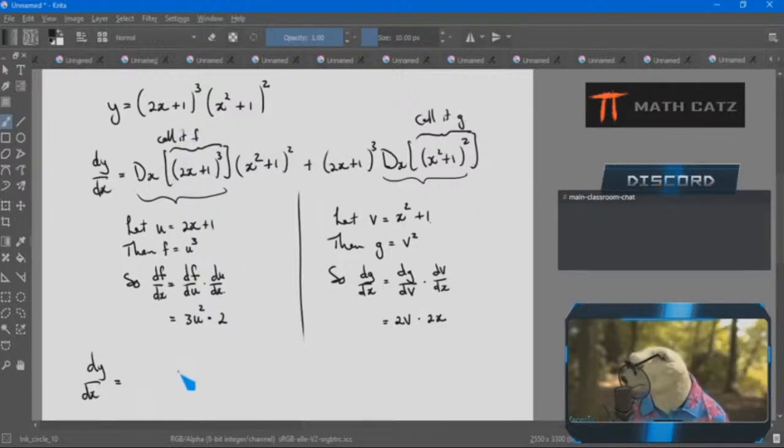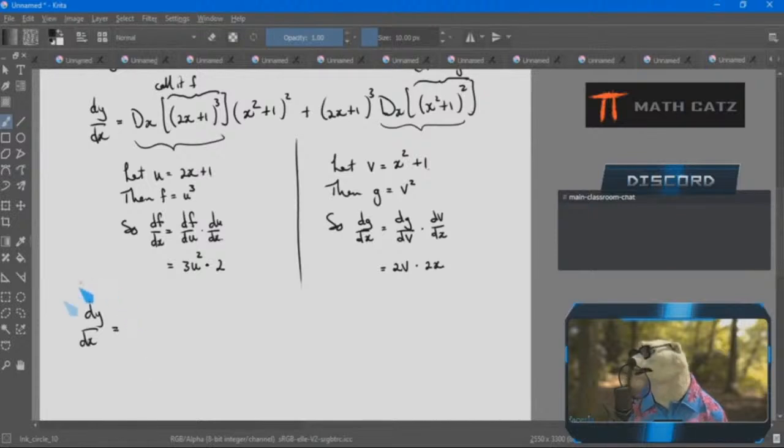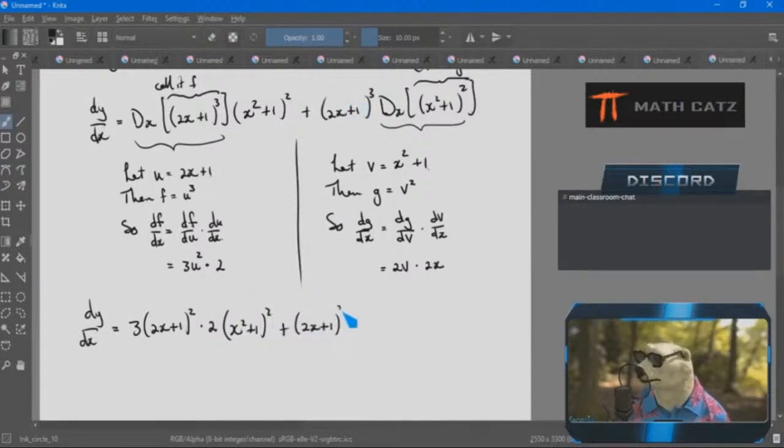So now I am ready to say, well, the derivative that I was actually looking for is 3 times 2x plus 1 squared times 2 times this bracket, x squared plus 1 squared, plus this bracket over here didn't change, 2x plus 1 cubed. The derivative now is 2v, and v is x squared plus 1, times 2x.